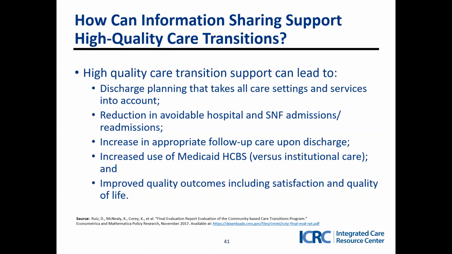An improved system for information sharing for high-risk, full-benefit dual eligibles allows for discharge planning that takes all care settings and services into account, a reduction of avoidable hospital and SNF admissions or readmissions, and improved appropriate follow-up after discharge. Ultimately, this leads to improved overall quality outcomes for beneficiaries.